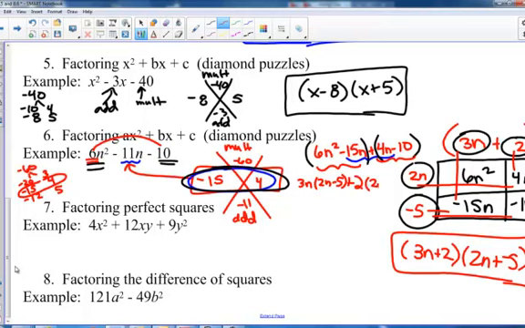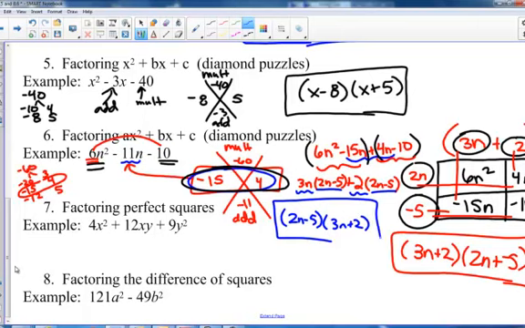And you're left over with 2n minus 5. You can see the 2n minus 5 is the same. And then your leftover business, the 3n plus 2, you would put there. So these are the exact same answers, either by using the box or by grouping.